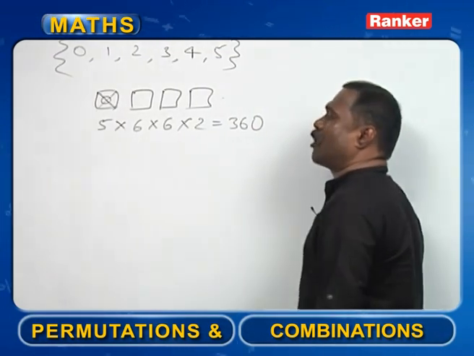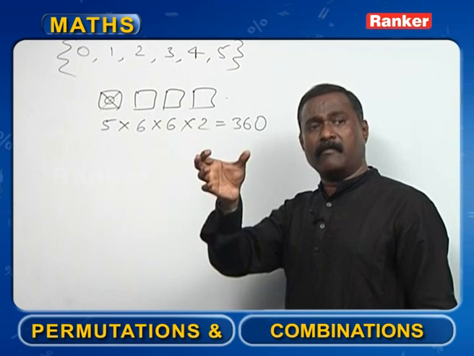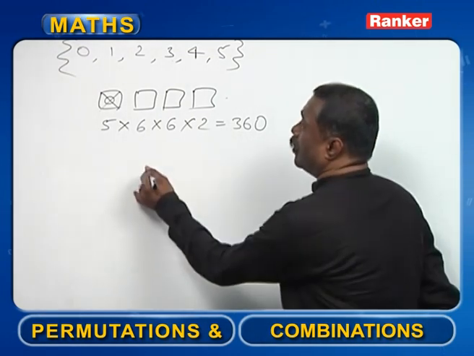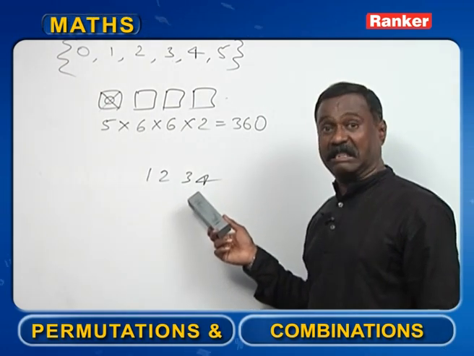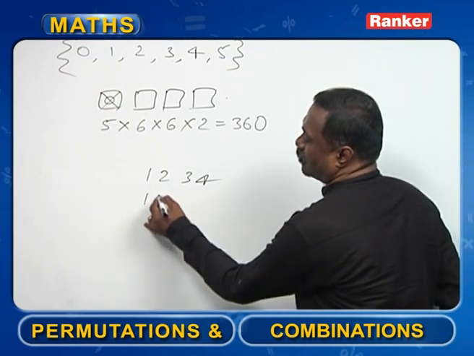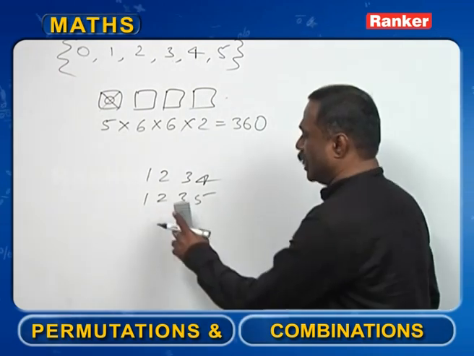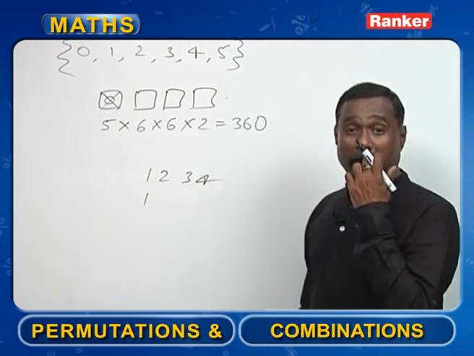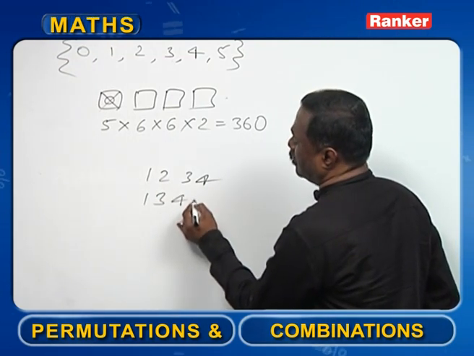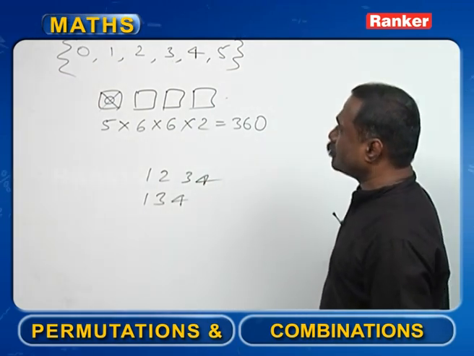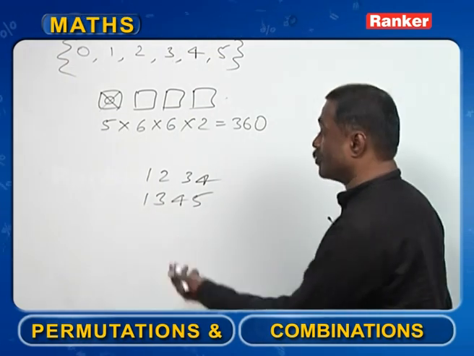And if the repetition is not allowed, you have to choose such combinations where the sum will be divisible by 3. Like if you take 1, 2, 3, 4, it is 3 plus 3, 6 plus 4, 10, not divisible. If you take 1, 2, 3, 5, 8, 11, not divisible. Then you have to choose such a combination where it is divisible. If you take 1, 3, 4, 8 plus 1, 9 plus 4, 13, not divisible either.